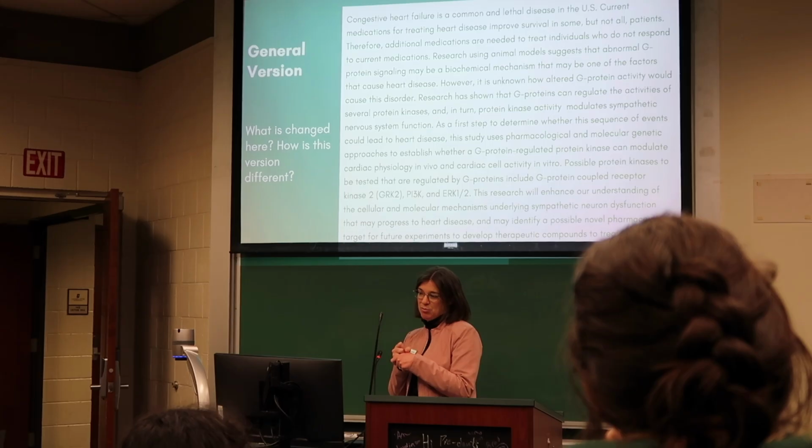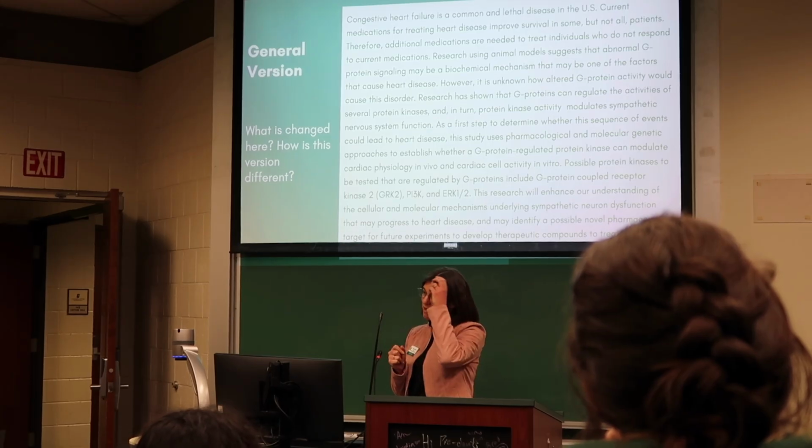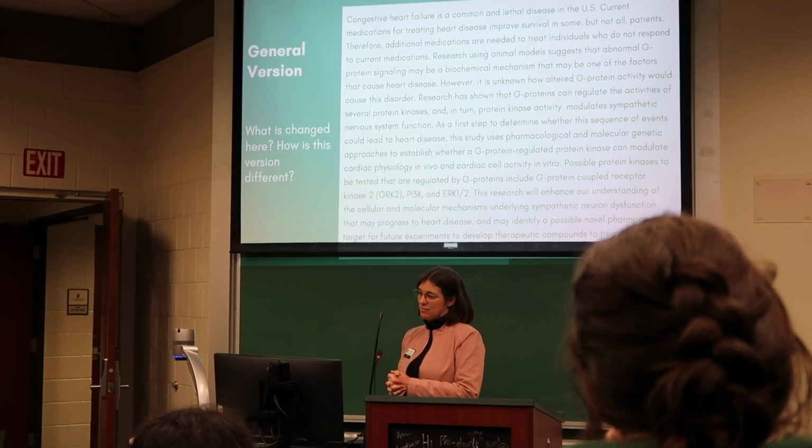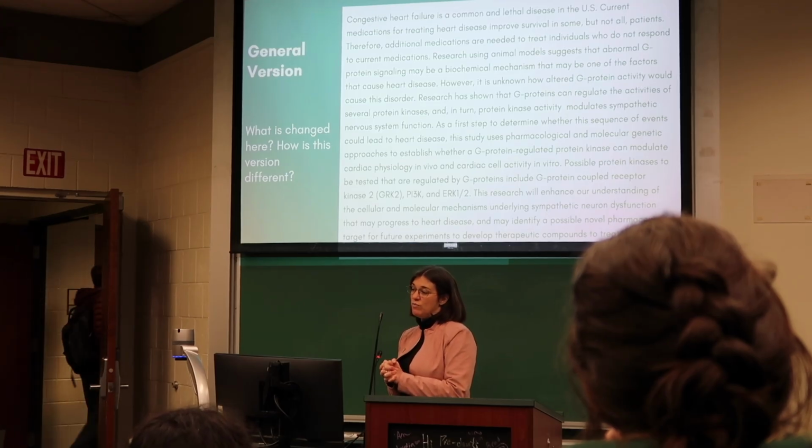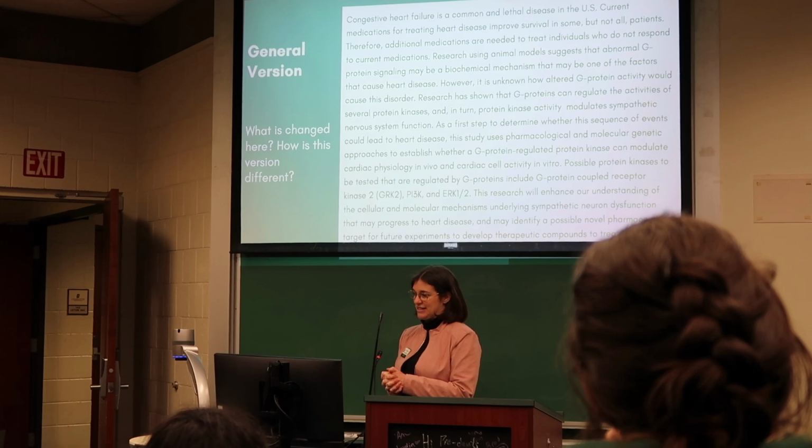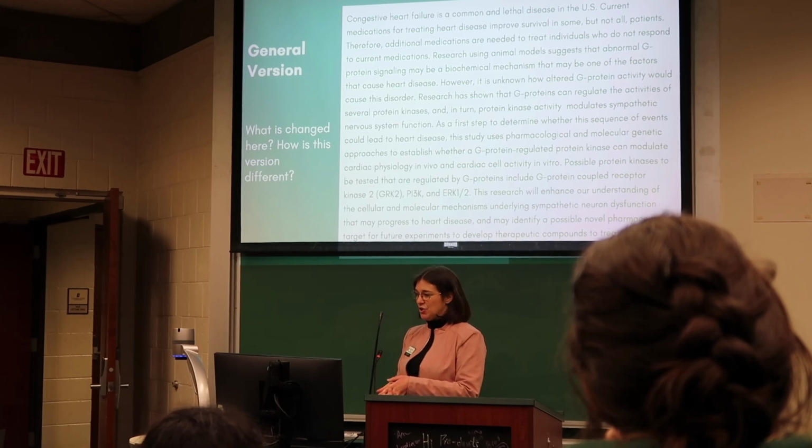Research using animal models suggests that abnormal G protein signaling may be a biochemical mechanism that may be one of the factors that cause heart disease. However, it is unknown how altered G protein activity would cause this disorder. Research has shown that G proteins can regulate the activities of several protein kinases. Did I say that right? Okay.